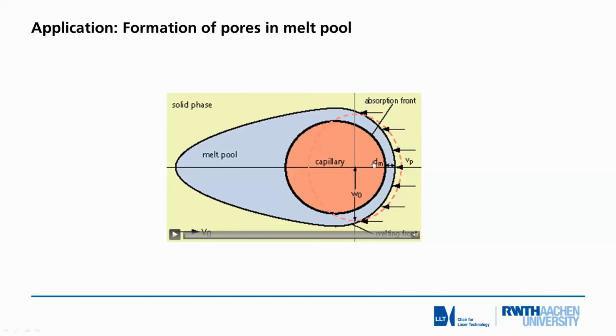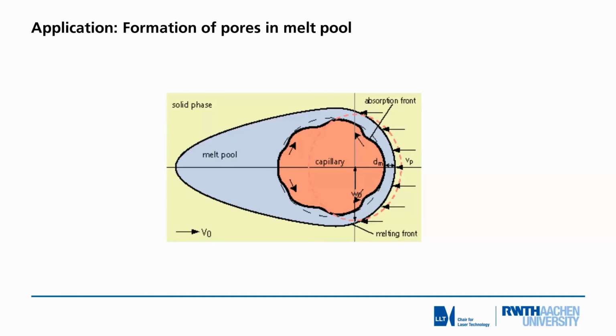And as a result, you can see a periodic motion of the melt along the boundary between liquid and vapor. And when they meet on the back side of the capillary, it may happen that a pore detaches and this part of the gas freezes in and results in pores in the weld.